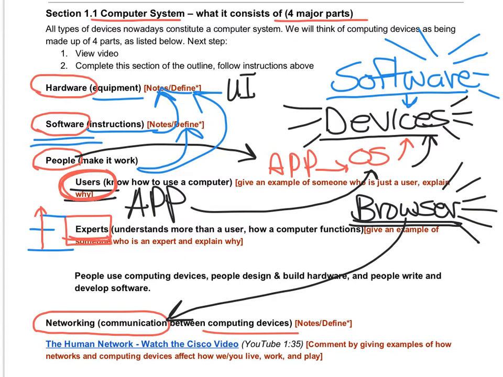And in a lot of cases, like what I'm using right here, my user interface is I have a stylus and I'm touching the screen and the software is designing this little video for us. And as we learn more and more about technology, we can make better use of it. And so in this class, we want to make you more of an expert than what you are at right now.